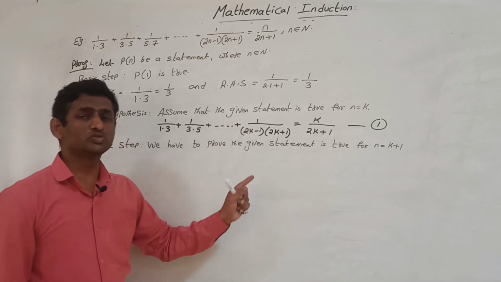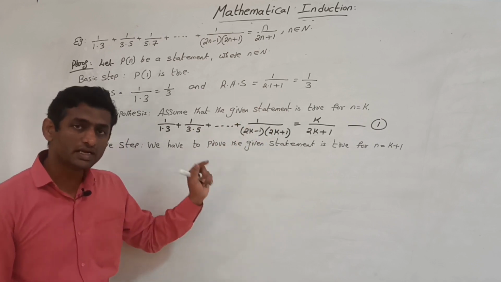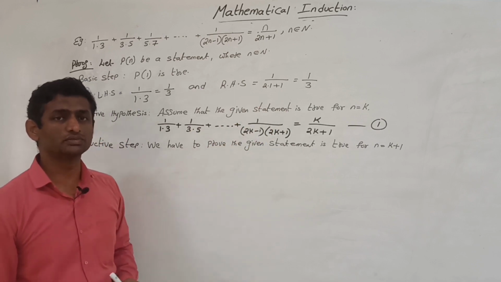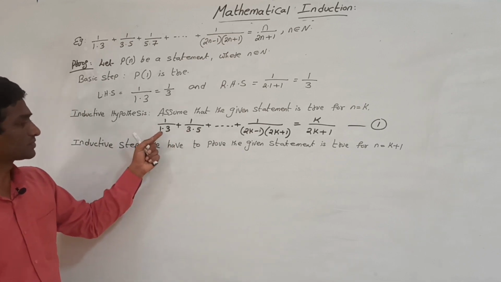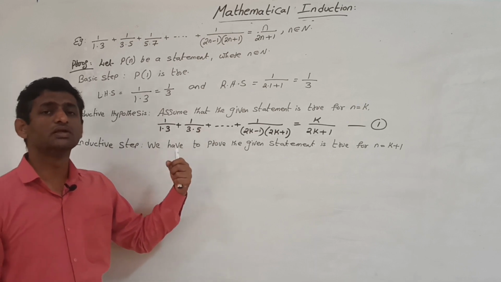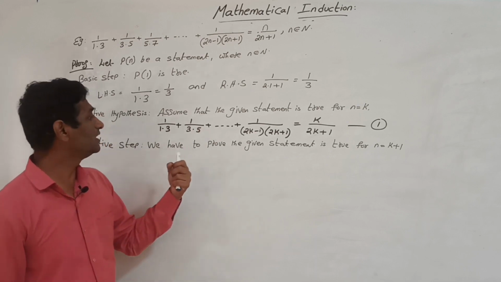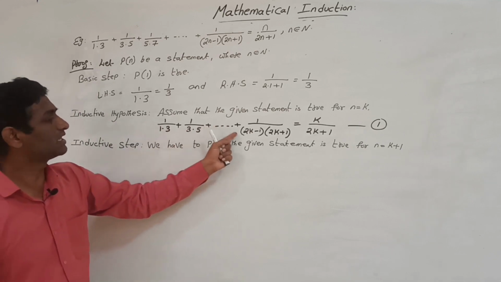The next term also has numerator 1, and the denominator should be a product of two terms. If you observe the denominators 1, 3, 5, 7, they are the odd natural numbers. Similarly 3, 5, 7, and so on.